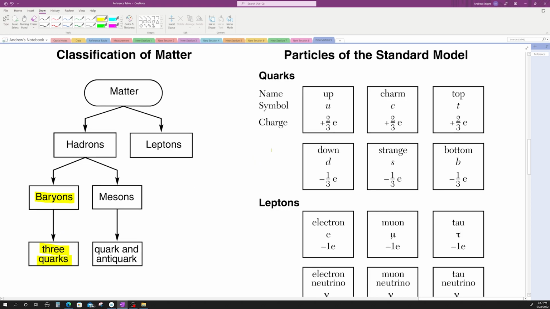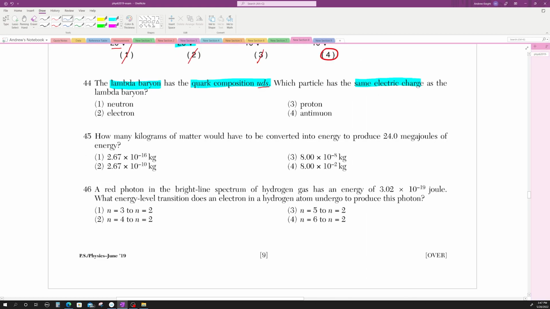And those quarks, it tells us, is a U, which is an up quark with a charge of 2/3, a D, which is a down quark of negative 1/3, and an S, which is a strange quark of negative 1/3. So writing these down, we're going to have 2/3 minus 1/3 minus 1/3, which is equal to 0.